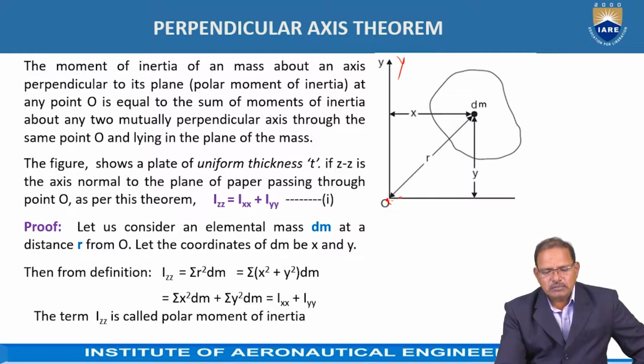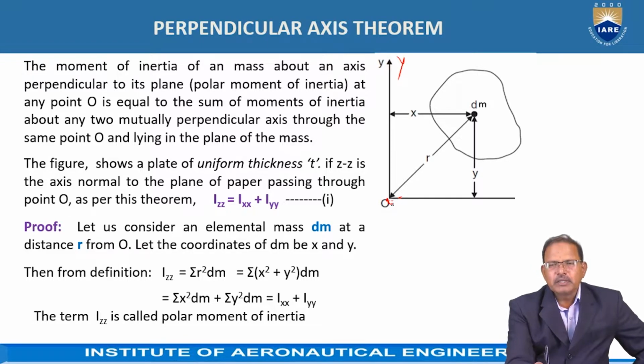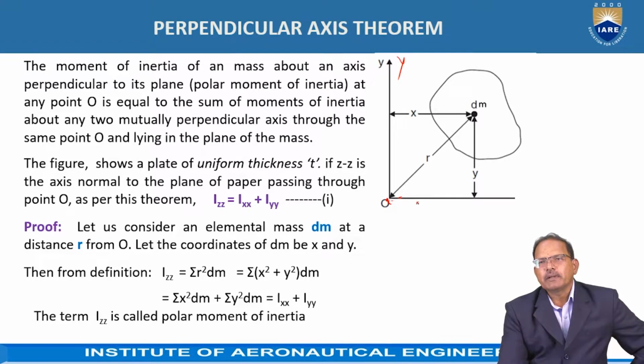According to the perpendicular axis theorem, the polar moment of inertia of a body is equal to the sum of the moments of inertia about any two mutually perpendicular axes, that is OX and OY, passing through the same point O and lying in the plane of the mass. Here, OY and OX are the two perpendicular axes which lie in the same plane of the mass, and OZ represents the axis which is perpendicular to the plane of the mass.